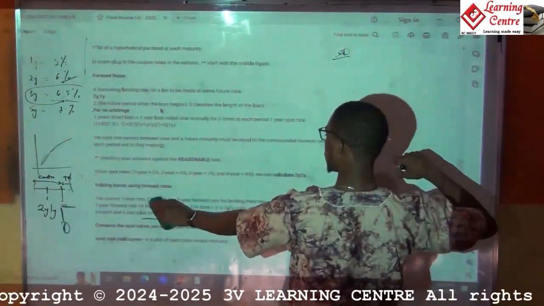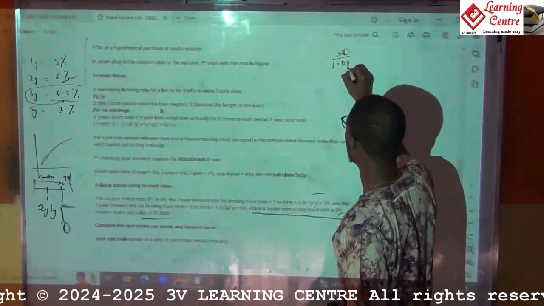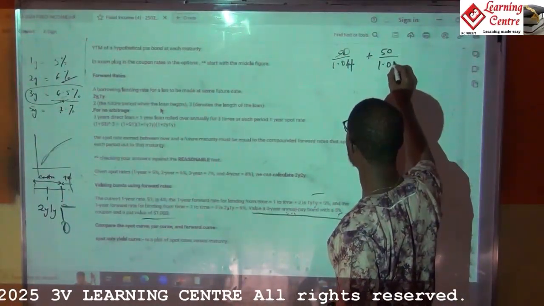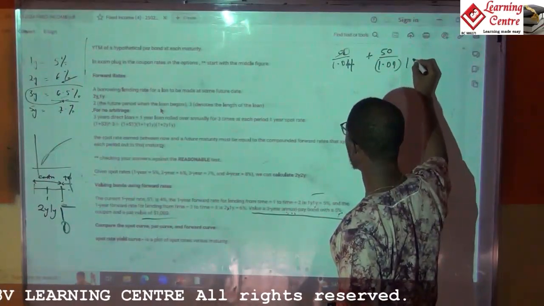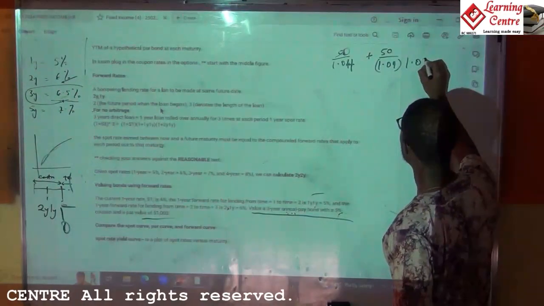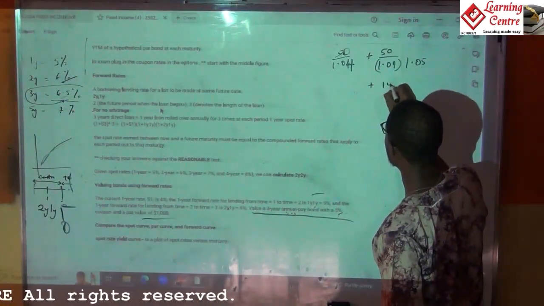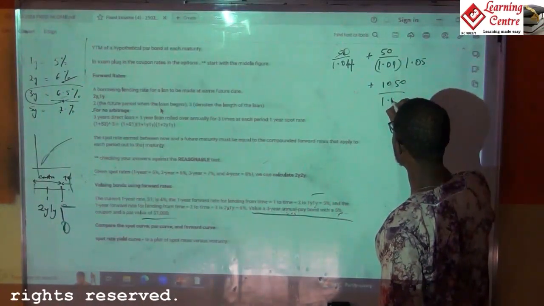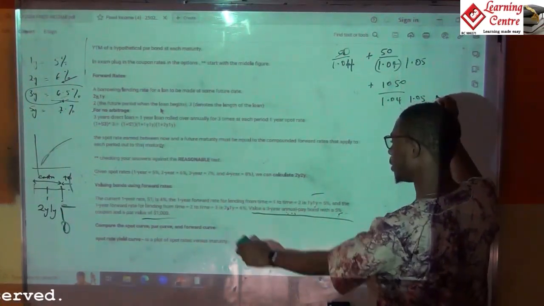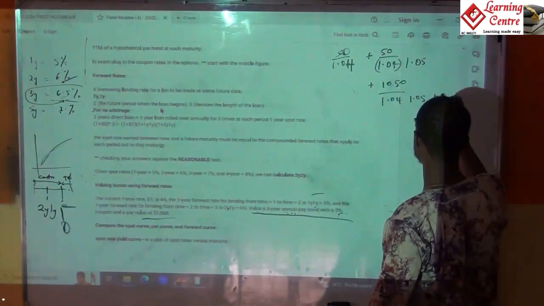So 50 over 1.04, plus 50 over 1.04 times 1.05, then the last one 1,050 over 1.04 times 1.05 times 1.06.